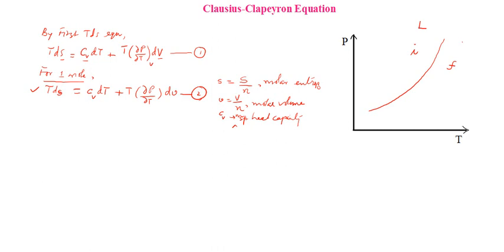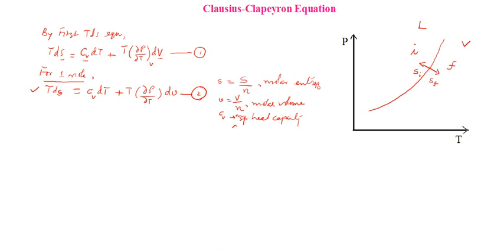Going across the curve means there is a first order phase transition involving latent heat. Now let the value of the specific entropy on this side, the initial phase I, be si, and the value of the specific entropy on the other phase be sf.